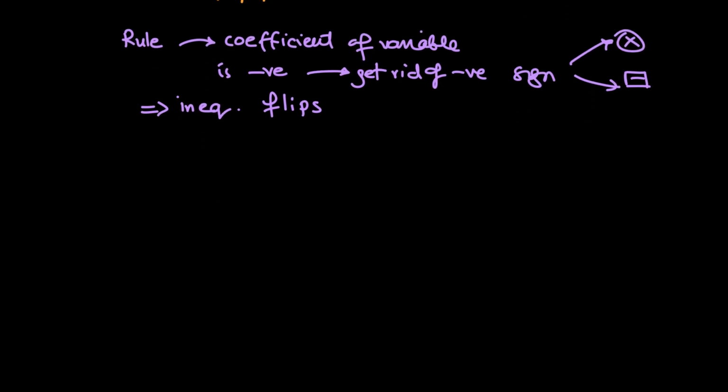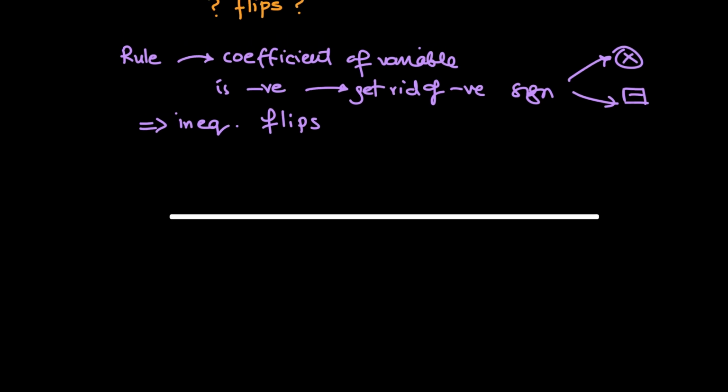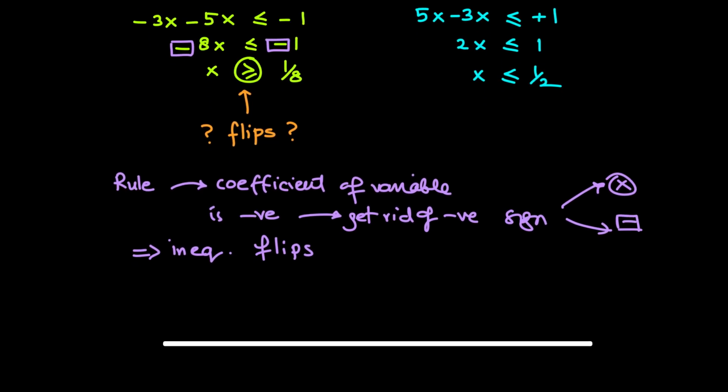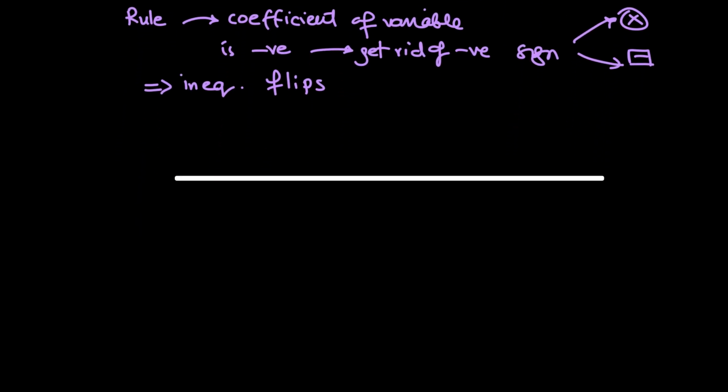Now, let's solve this inequality. Let us first draw a number line. Let me label the values. x is greater than or equal to 1 over 8 and x is less than or equal to half. So this is 1 over 8. x is greater than or equal to 1 over 8. The inequality is moving this way. And a little bit bigger value is half. x is less than or equal to half.